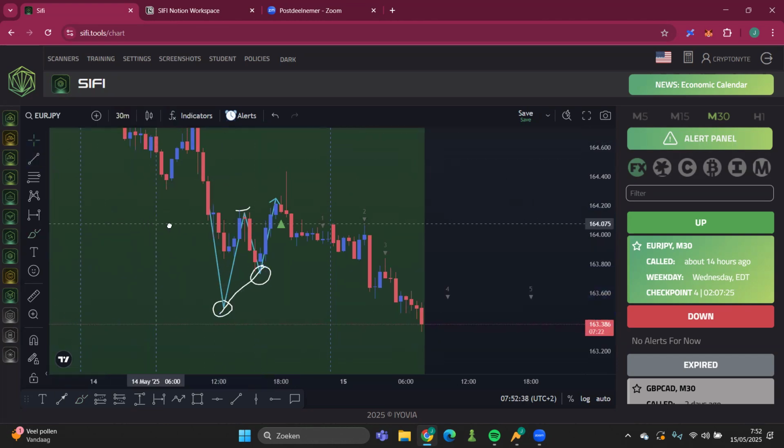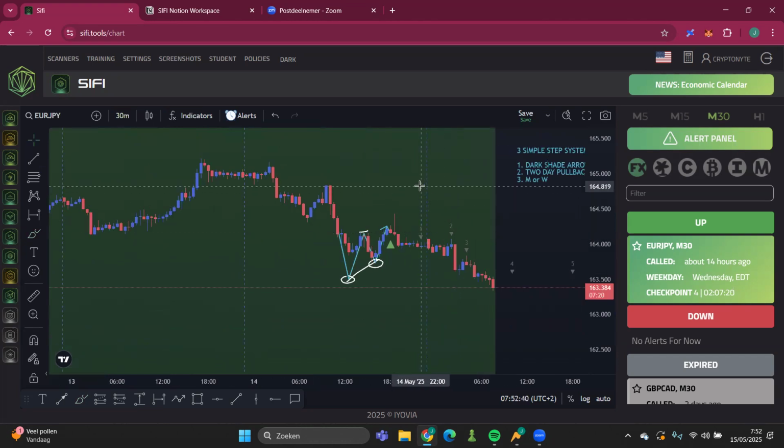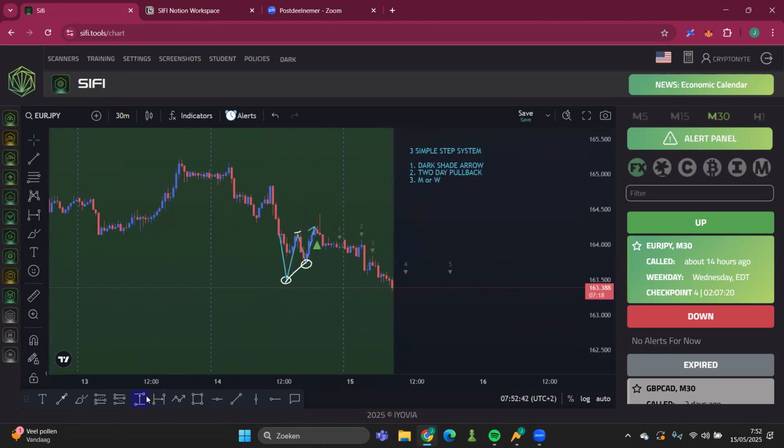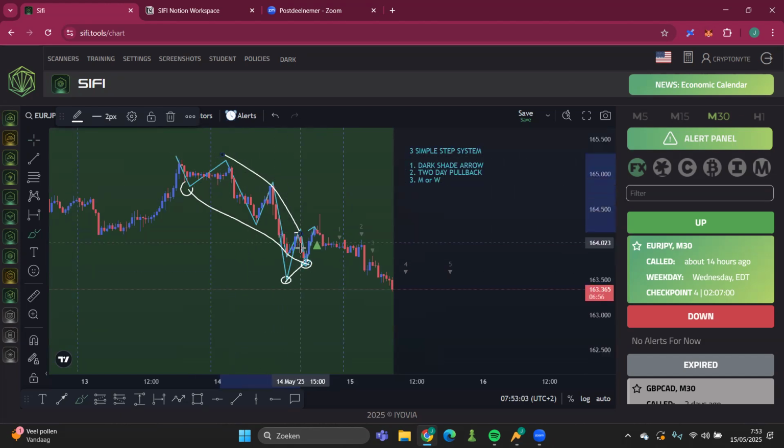The reason we want to see it this way is because if price is coming down for 2 days, you will probably see the lows going lower, lower, lower. The highs are going lower, lower, lower.